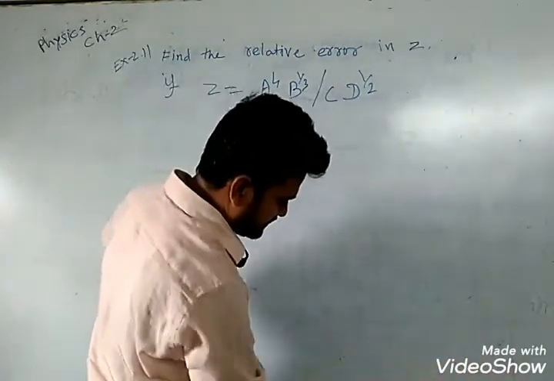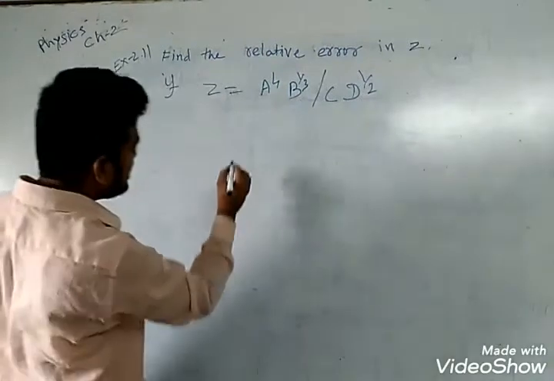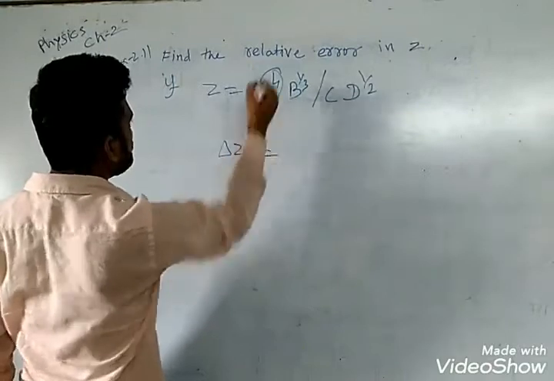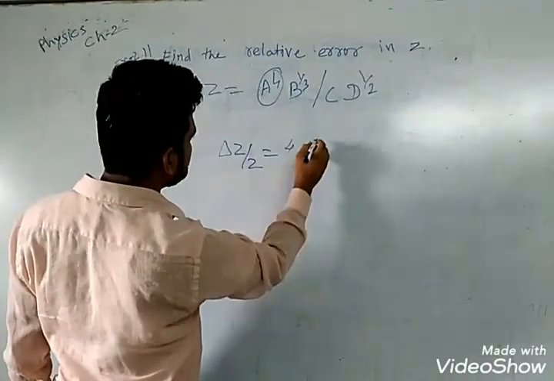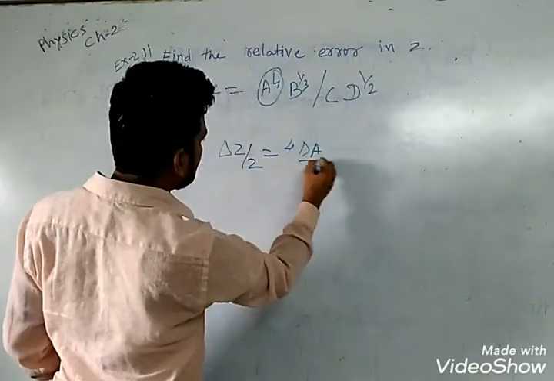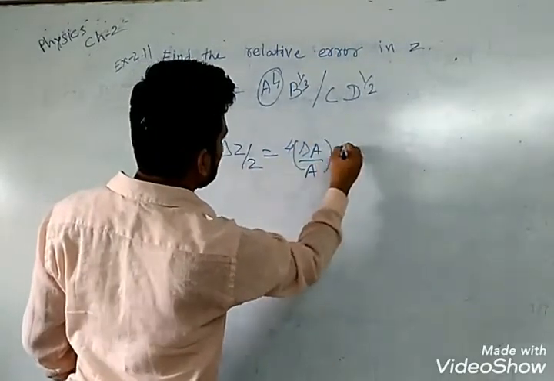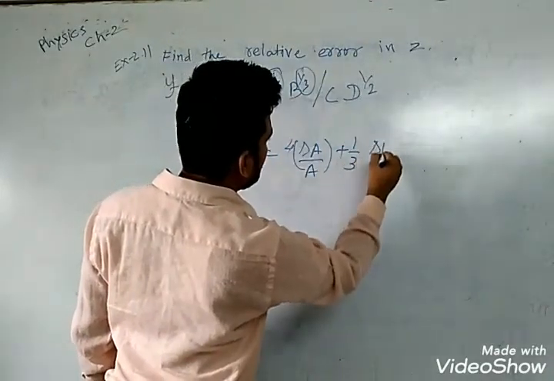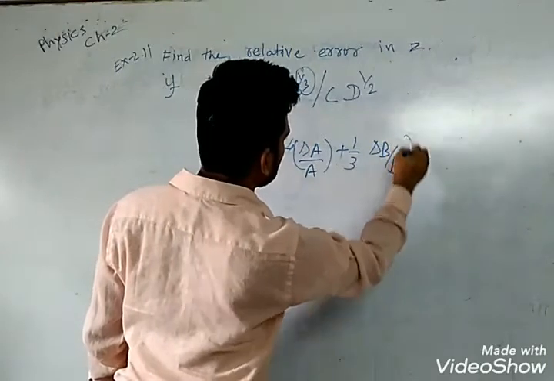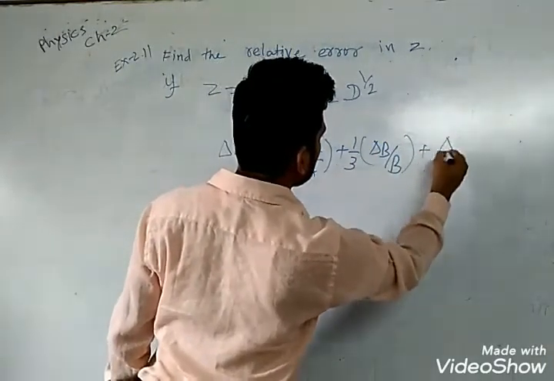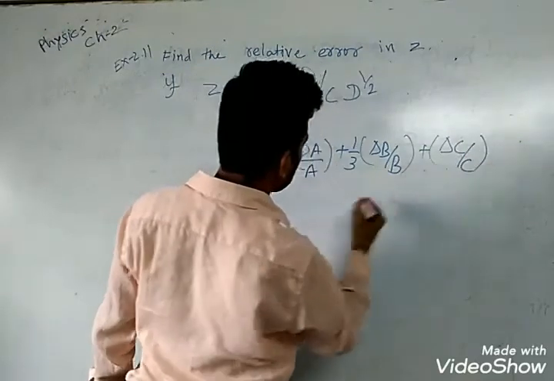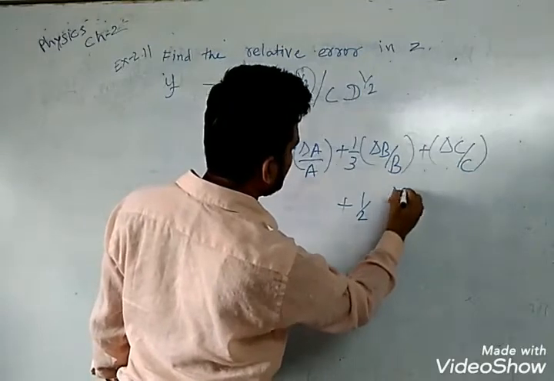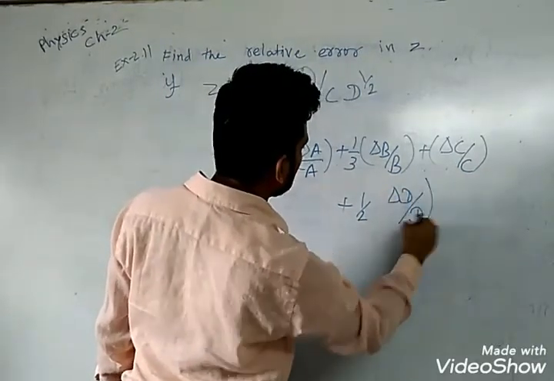So here in this case delta Z upon Z is equal to 4 delta A upon A plus 1 by 3 delta B upon B plus delta C upon C plus 1 by 2 delta D upon D.